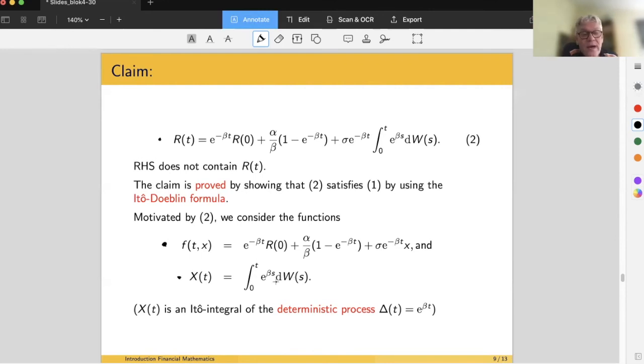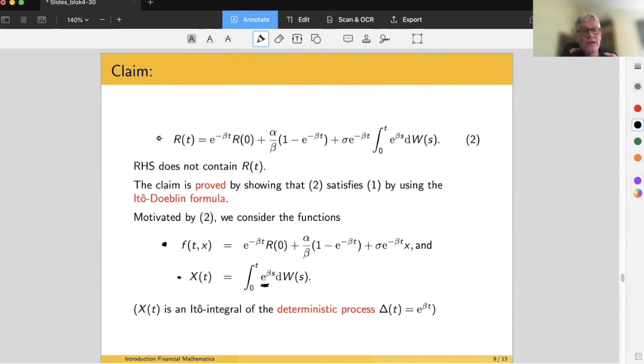And if we look carefully at this X_t term, we see that it is an Ito integral of a deterministic process, because the deterministic process, delta, we use delta for the deterministic process up until now, is in this case e to the power beta t. So again, we can use the theory that we have just learned in order to do this. Again, we come with a claim.